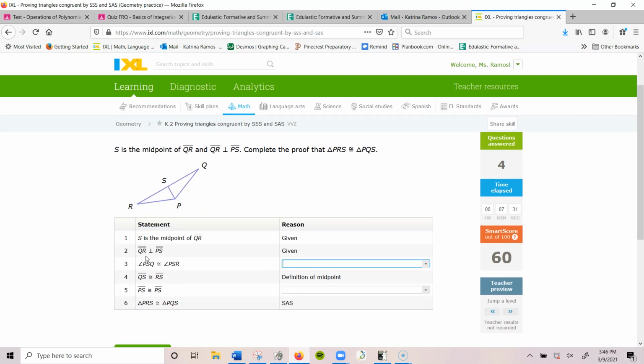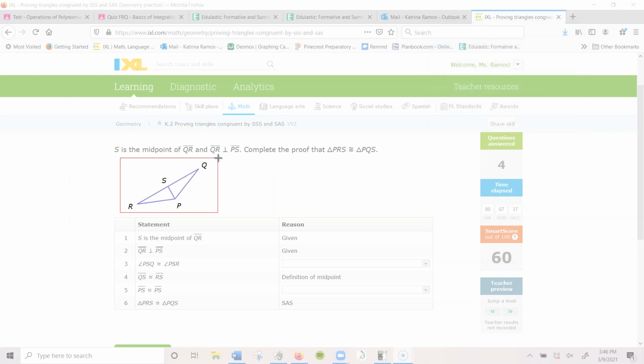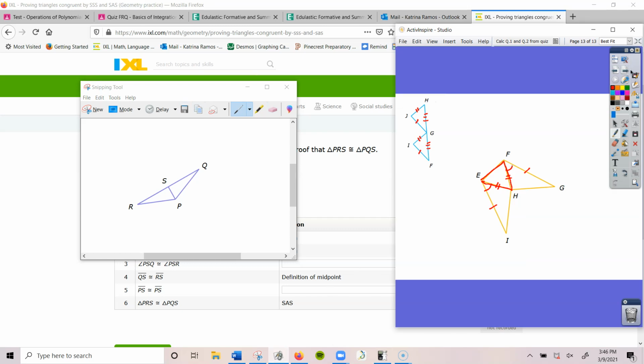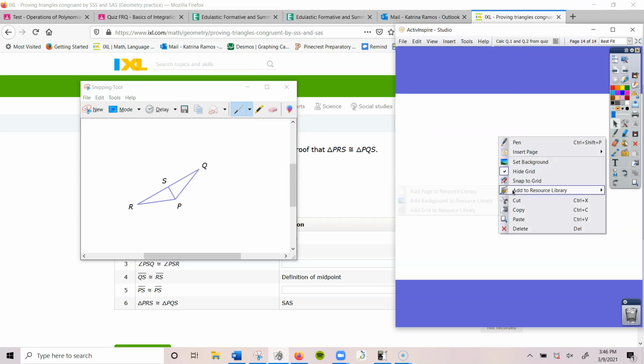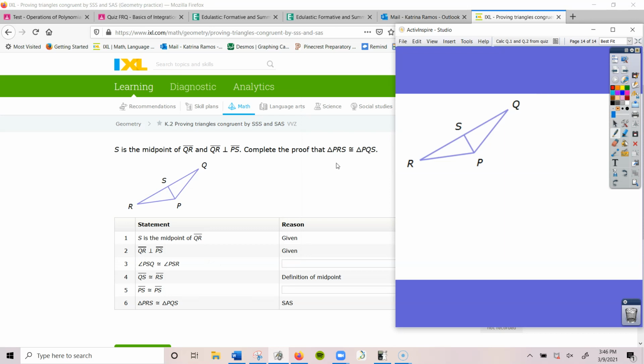Okay, we have here that S is the midpoint of QR. Again, I'm just going to go ahead and copy this diagram just so that you can see exactly how everything works. Let's make this a little bigger. Okay, we have S is the midpoint of QR.